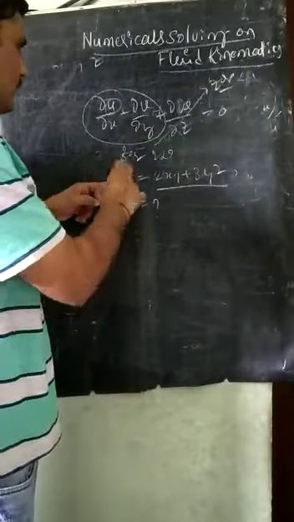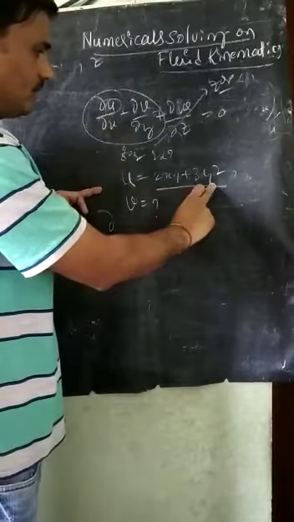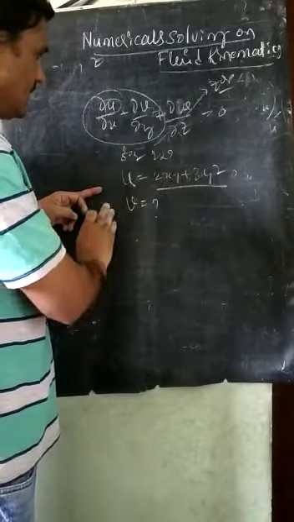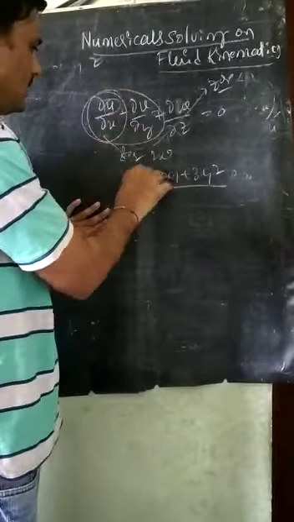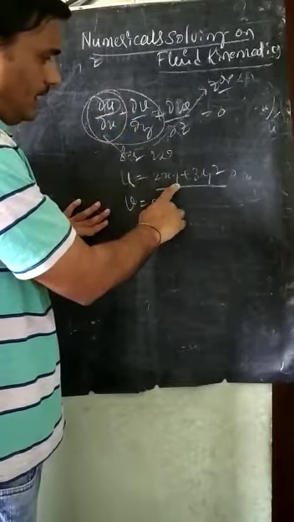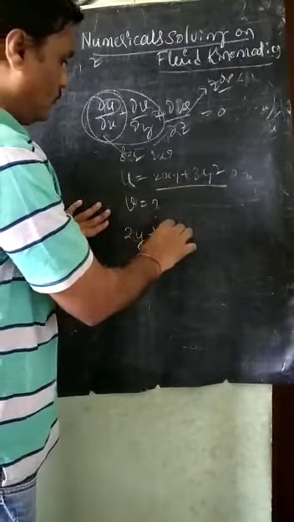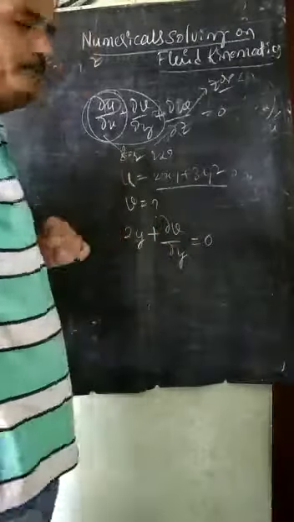So I substitute this u and differentiate with respect to x. Dou u by dou x is 2y, as there is no x here. So 2y plus dou v by dou y is equal to 0.